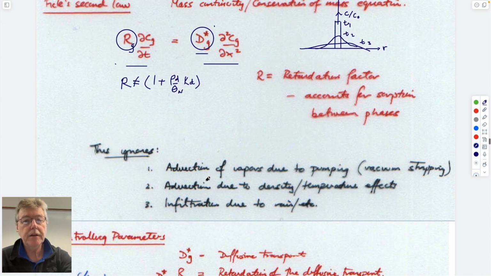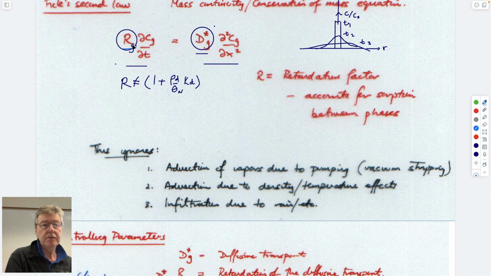Okay, one other thing. I guess we could also divide both sides through by r. So this becomes 1. And now we're left with a component that represents the ratio of diffusion coefficient divided by retardation.